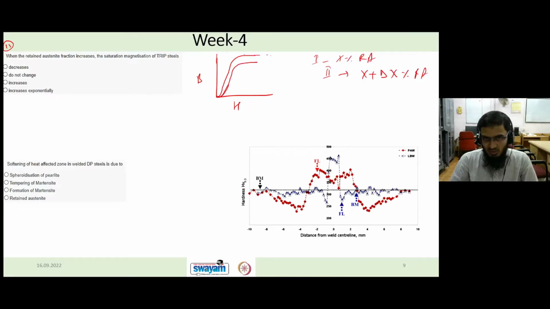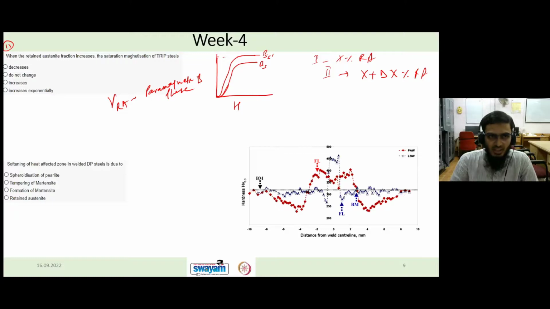In one case the saturation magnetization is this, B saturation 1, and this is B saturation 2. Which one will be suited for this? Either the first will go there, or the first will follow the second one. As you know, retained austenite is a paramagnetic phase, that is, a non-magnetic phase.